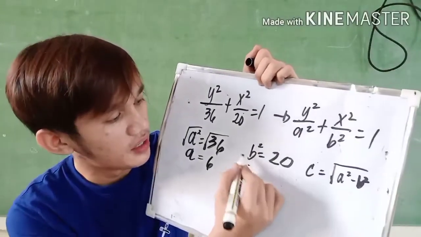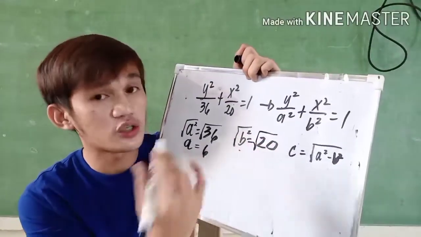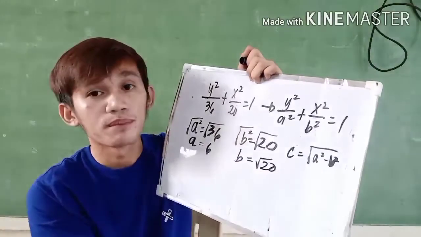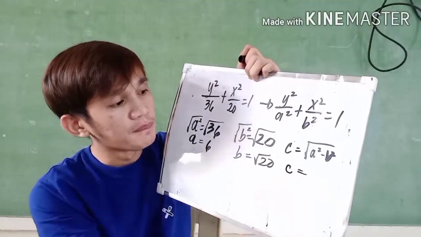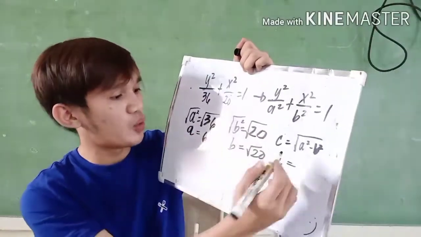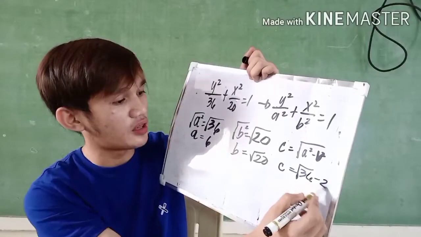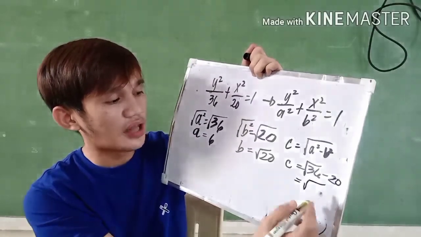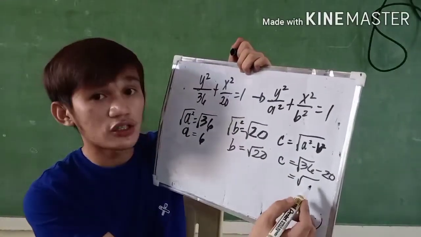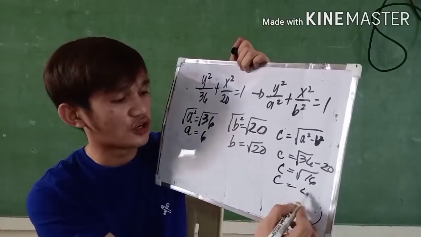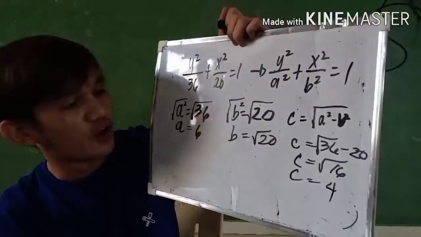To get your b, you get the square root of 20, so b is square root of 20. So c will be a squared minus b squared, so 36 minus 20, which is 16. So c, the square root of 16, is 4. So meaning your c is 4.